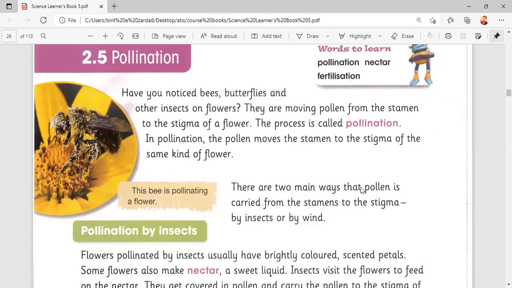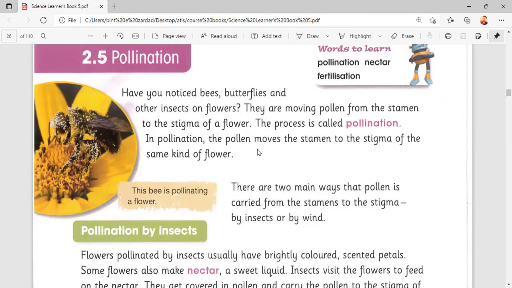There are two main ways that pollen is carried from the stamen to the stigma: number one, by insects, and also by wind. If a little air blows, with the help of wind the pollen also moves away from the flower.